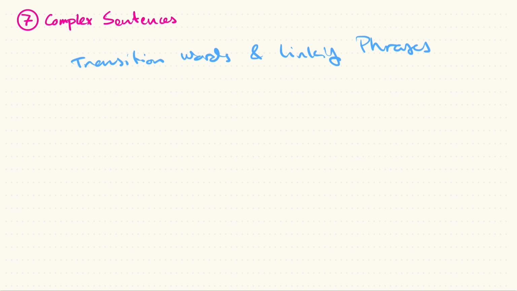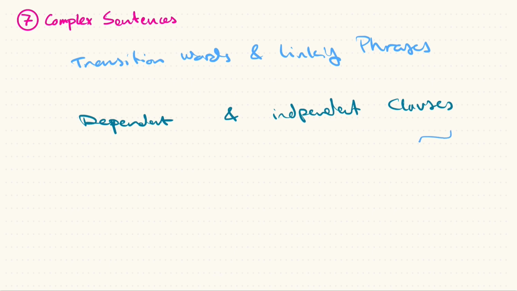So complex sentences are formed of dependent and independent clauses. So what are the differences between these different clauses? An independent clause means that it is complete in meaning.